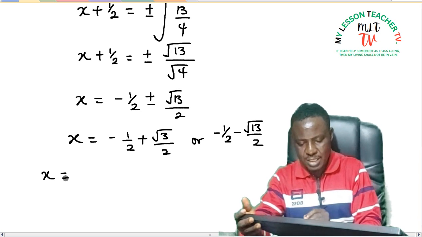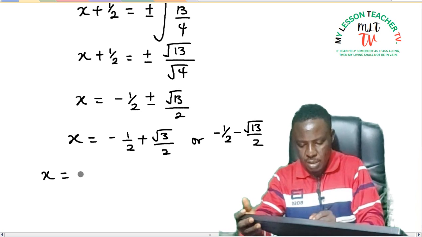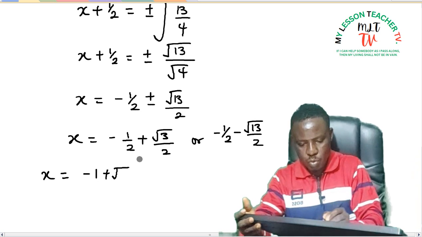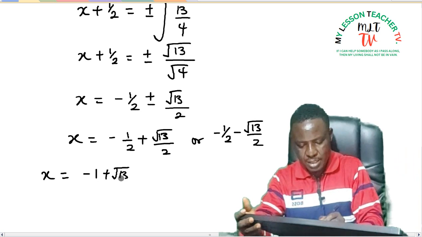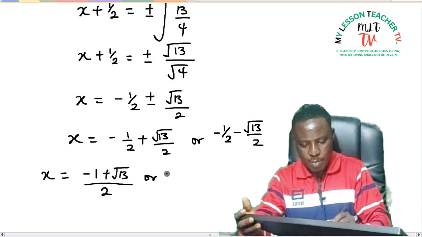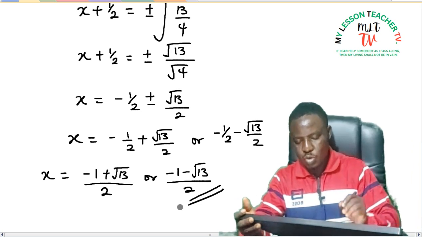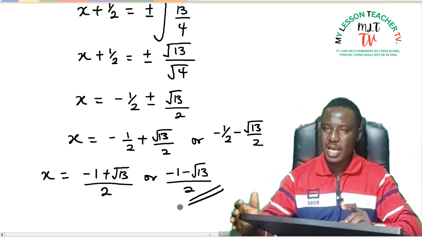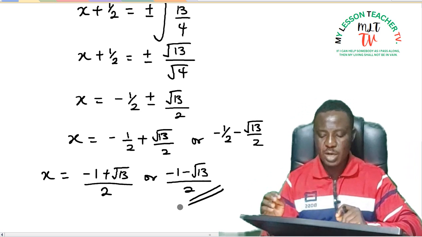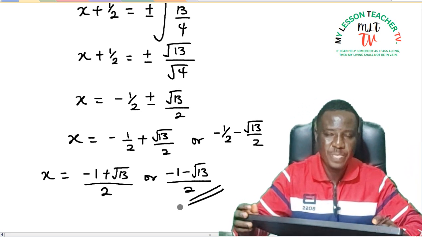So our value for x is equal to this. Since the denominators are the same, you have minus 1 plus root 13 divided by 2, or minus 1 minus root 13 divided by 2. So this is how you can solve a quadratic equation using the completing the square method.